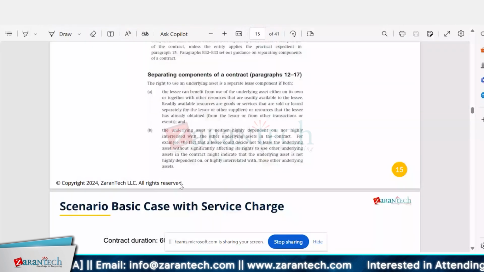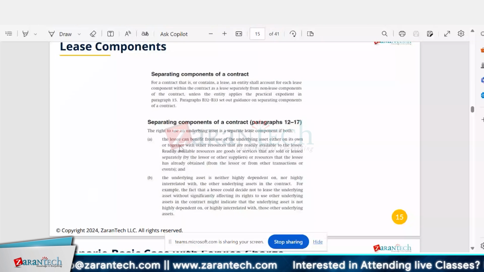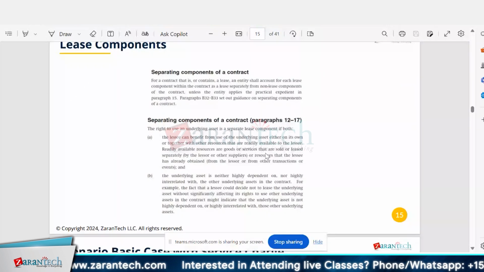So can you tell me what exactly it is mentioning over here? Did someone get a gist of this? When it says goods or services, ideally it means that there are a few contracts wherein services are there which are not dependent.